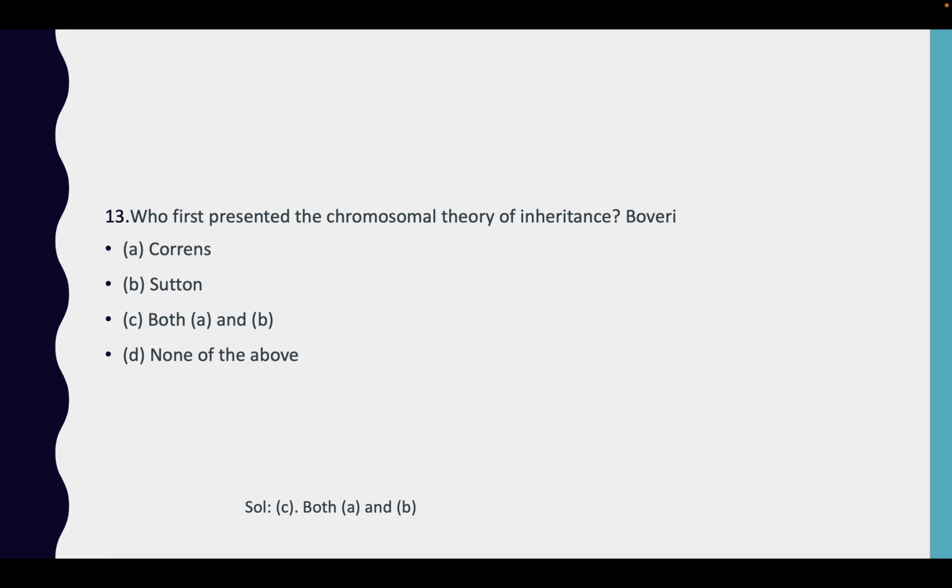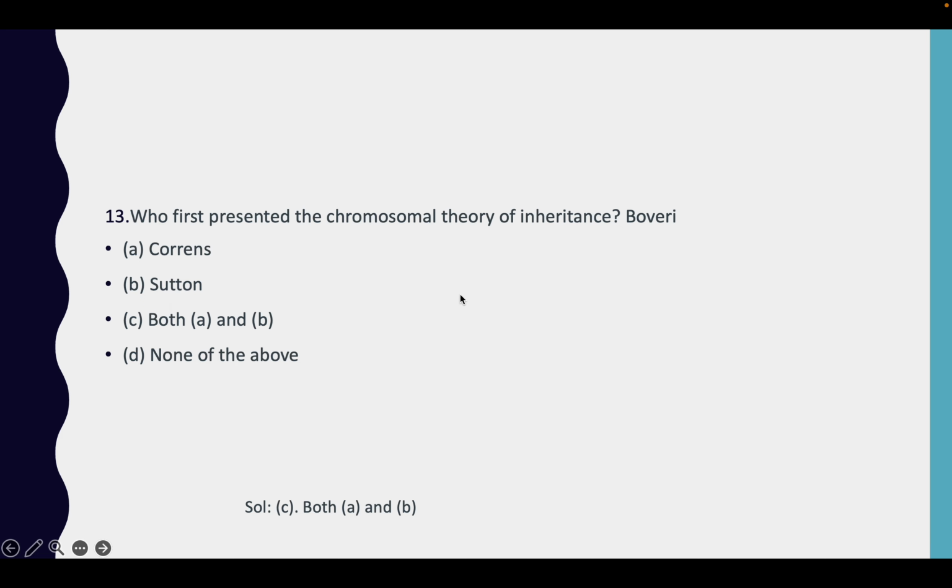The chromosomal theory of inheritance was first given by Boveri and Sutton. Okay, actually it is Boveri, Correns, and Sutton. So, Boveri and Sutton, you might have heard this.